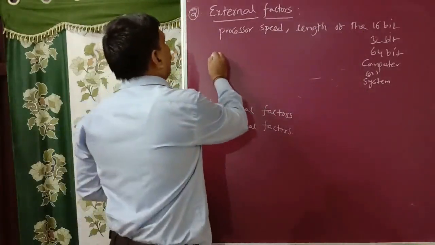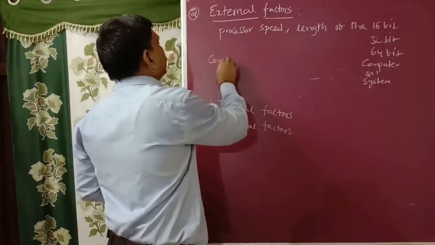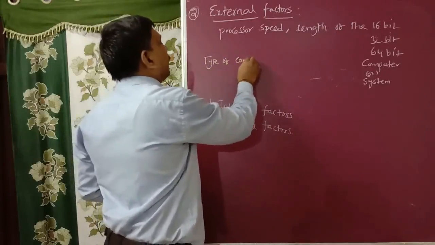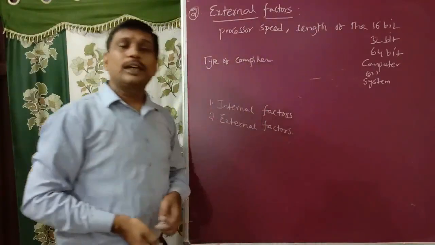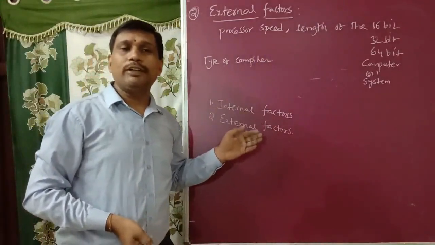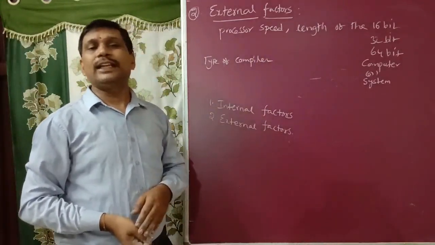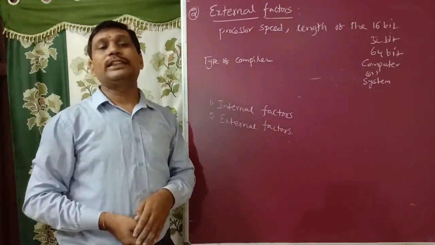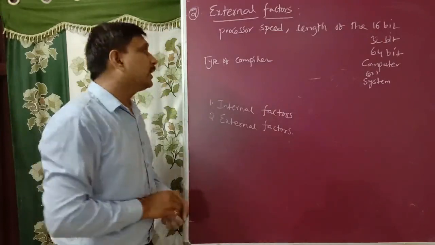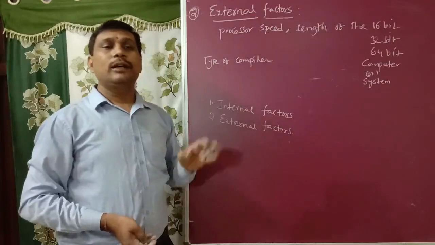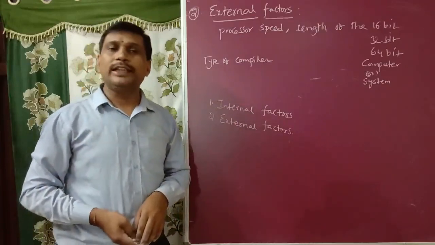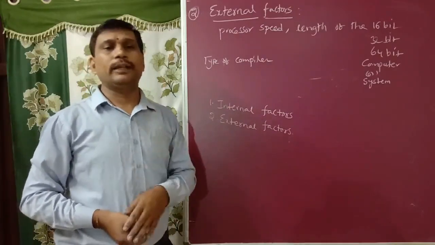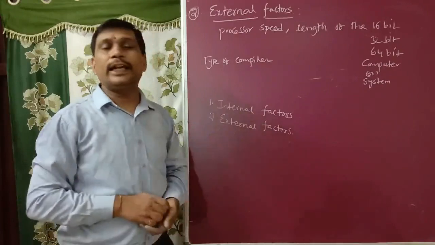Then the type of compiler. Every high level language program must be translated into machine level language. HLL is converted into MLL by using either a compiler or an interpreter. In our Python programming language, we are using an interpreter.